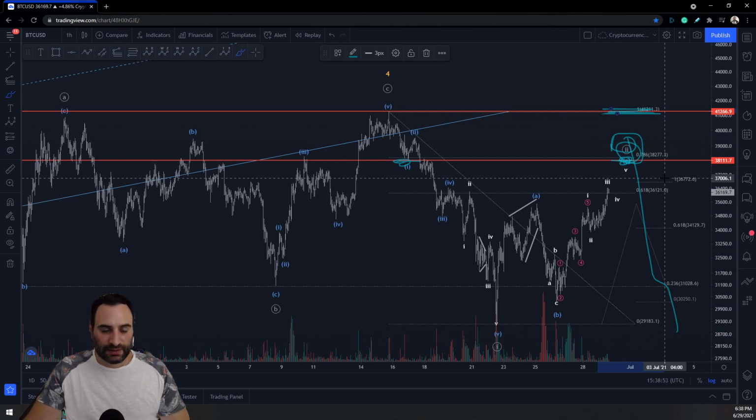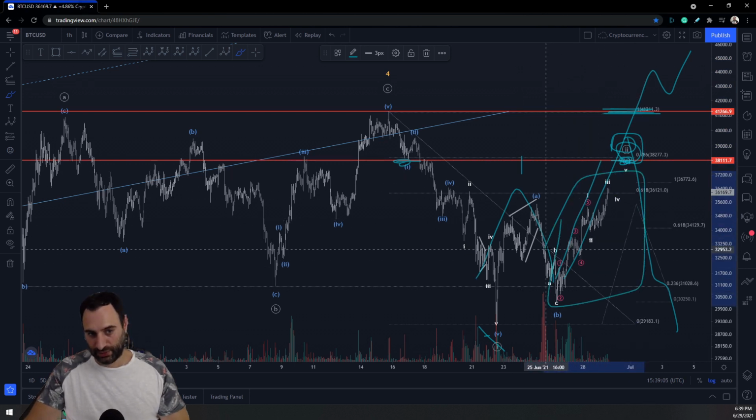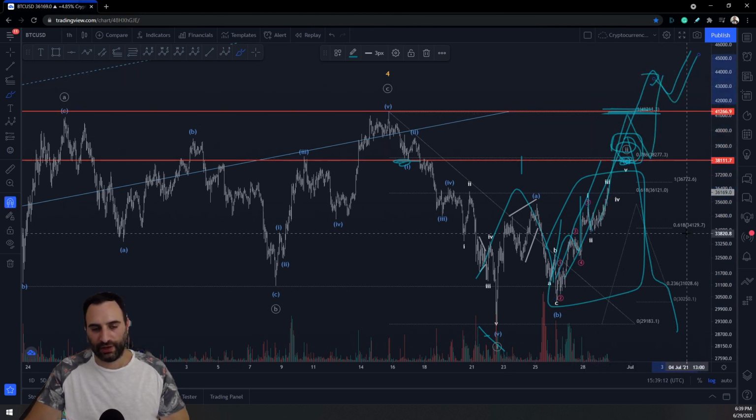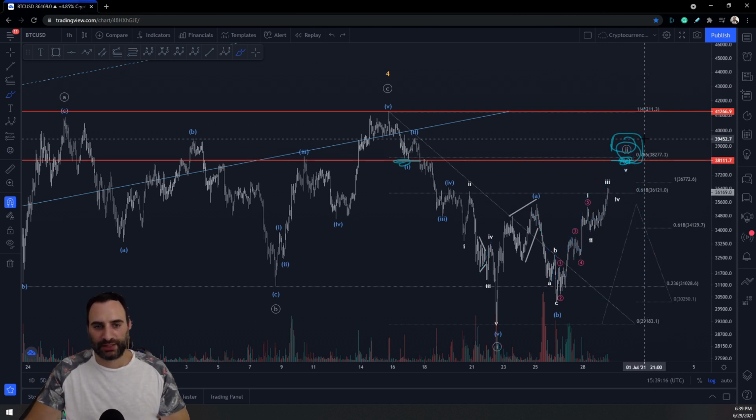And the alternative scenario is that we finished down here, and then we're going to go 1, 2, 3, 4, and 5, which means this is a multi-structure move to the upside, exactly as we see it here as well. That is 1, 2, 3, 4, 5. So we expect 3 to be larger, and then 3, 4, and 5, right? But only when we break the 41,266, 267, whatever that is.